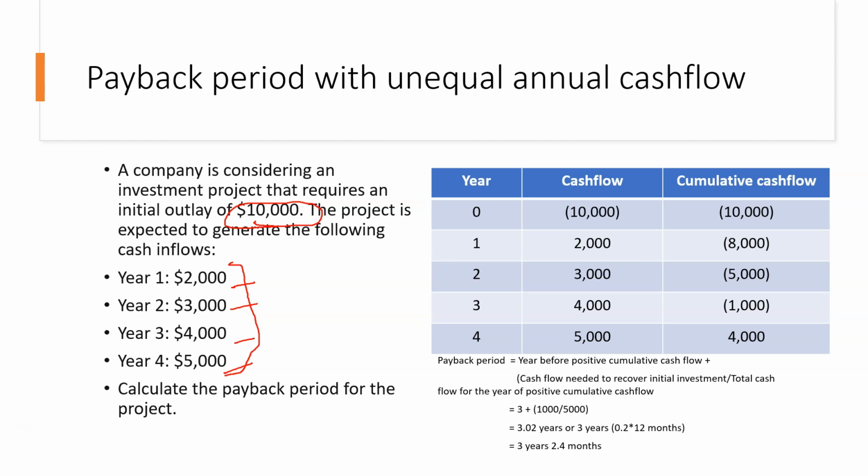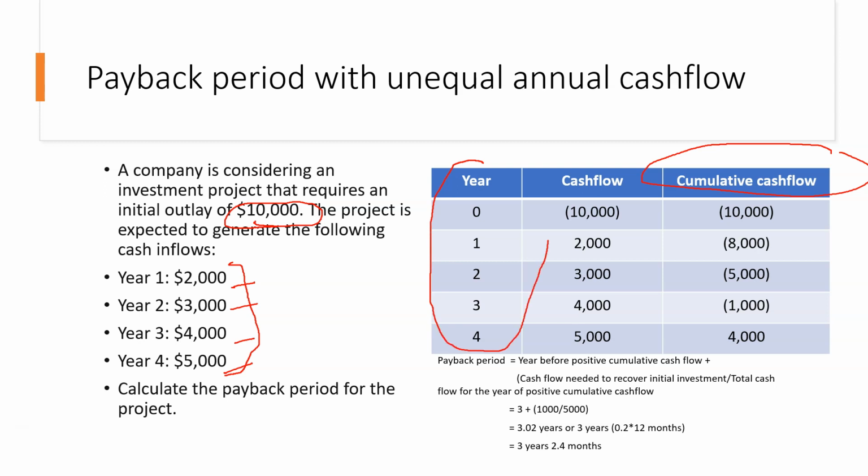Because we cannot simply divide the cash flow by the initial investment in this case, the easiest approach you can apply is using a cumulative cash flow technique. What it does is, you just need to take the years first.